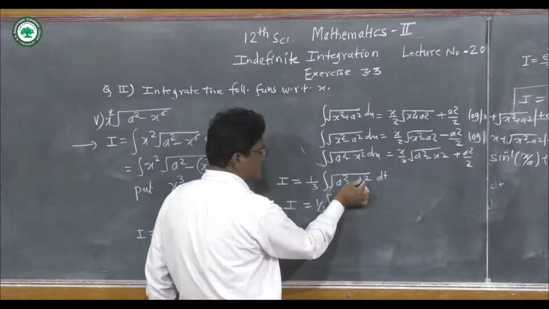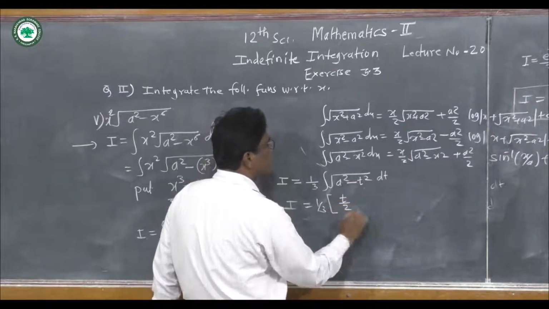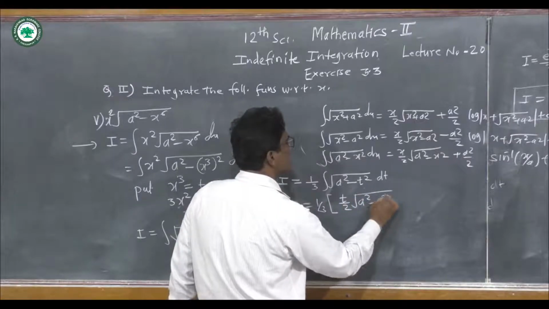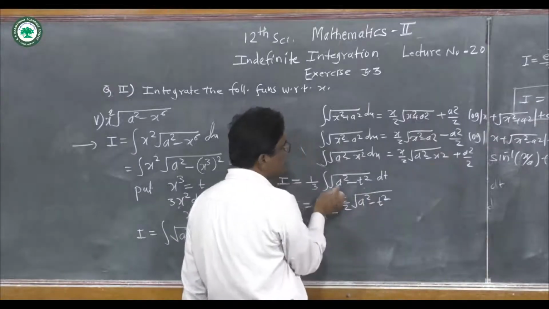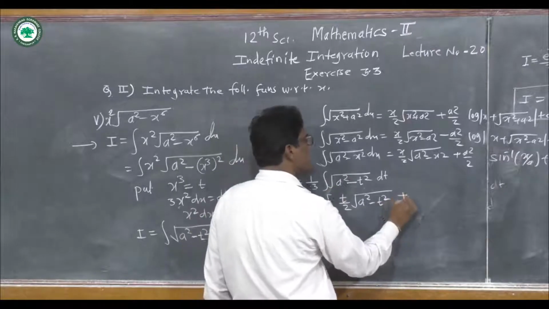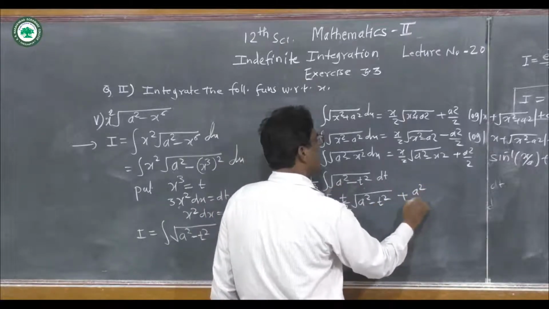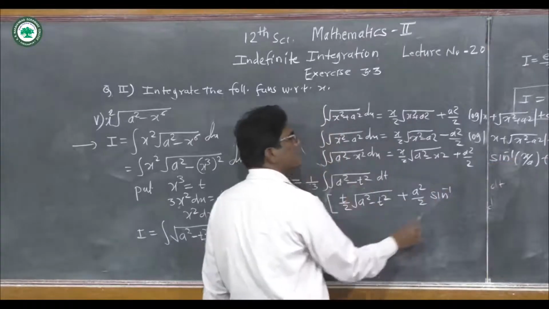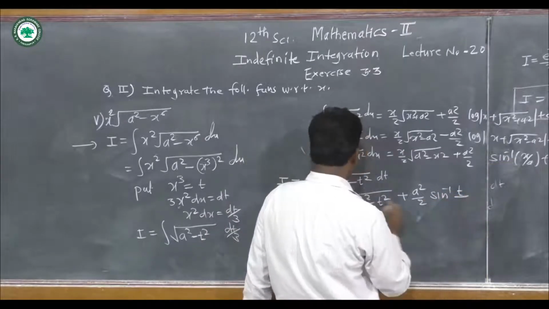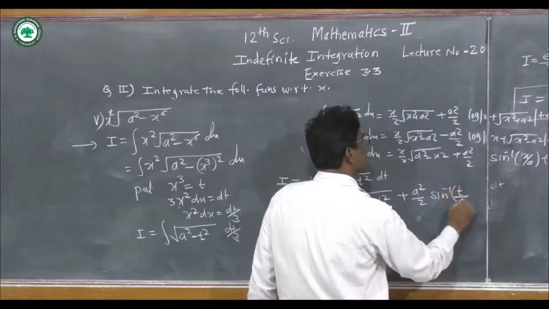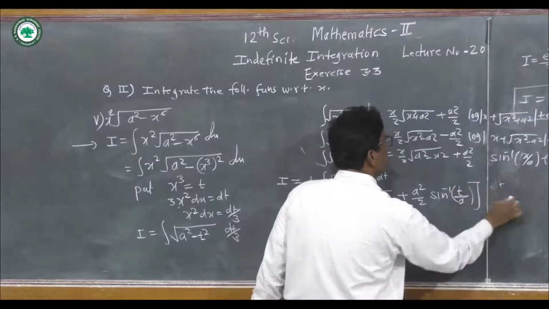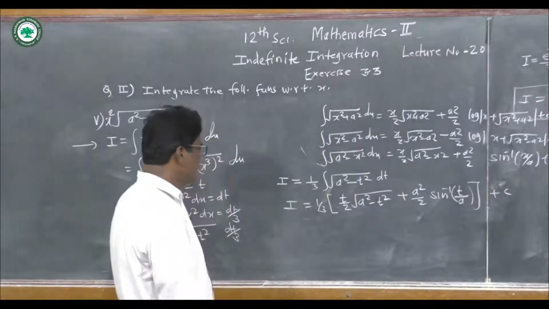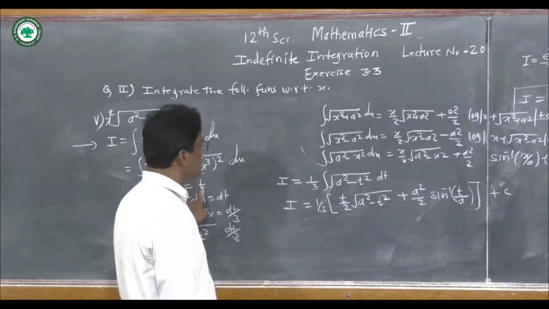x by 2, x is here t, so t divided by 2 into under root of a square minus t square, then plus a square by 2 into sine inverse of t upon a, and we complete this square bracket and plus constant of integration. So now we put the value of t as x cube.